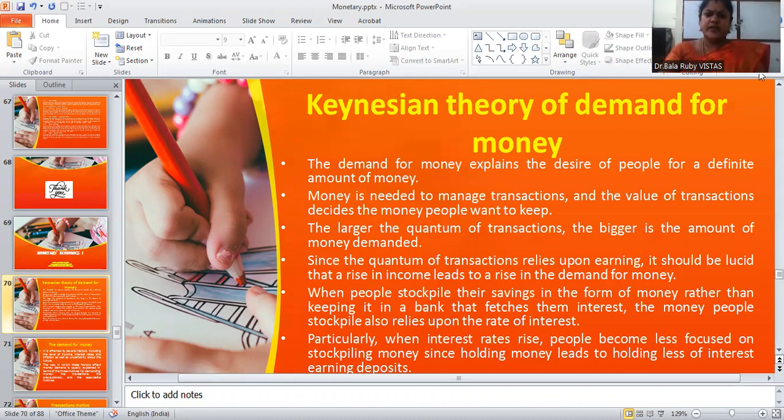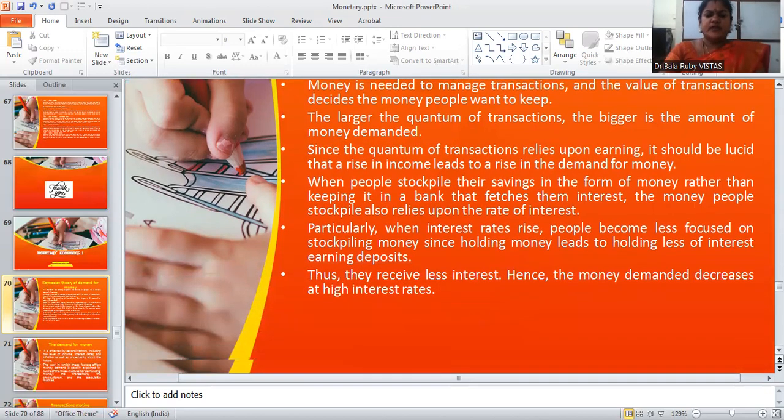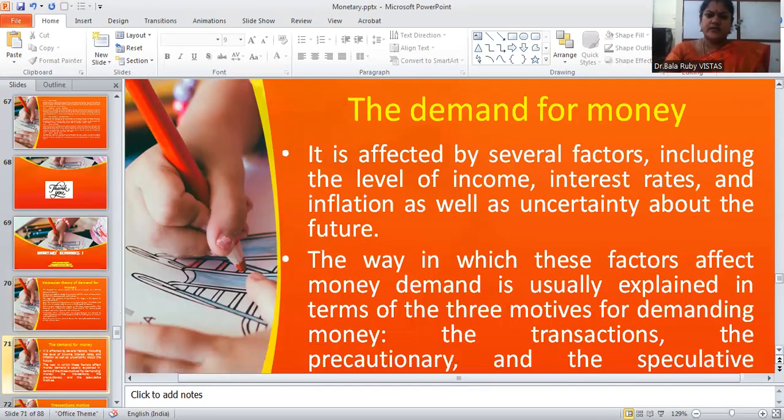So particularly when the interest rate increases, people focus less on stockpiling money, since holding money leads to holding less of interest earning deposits.